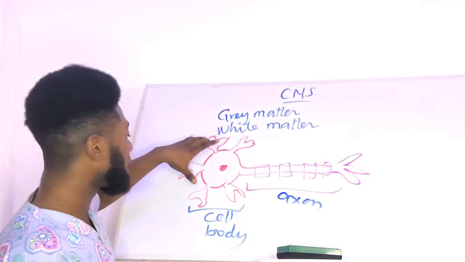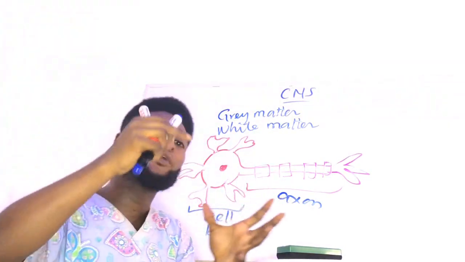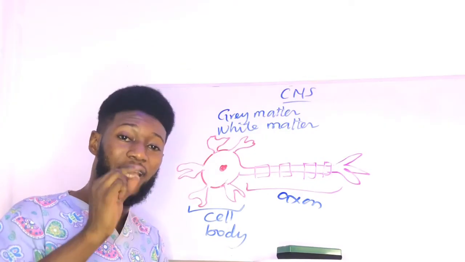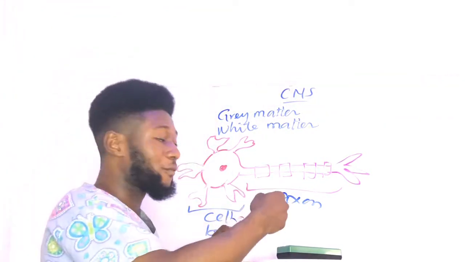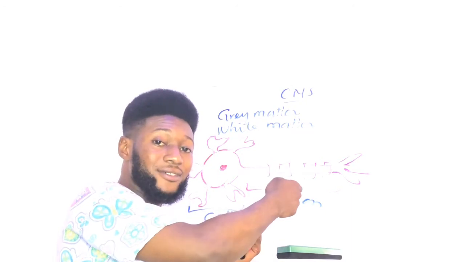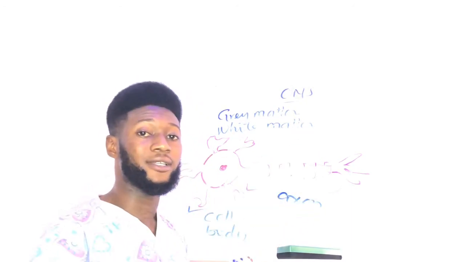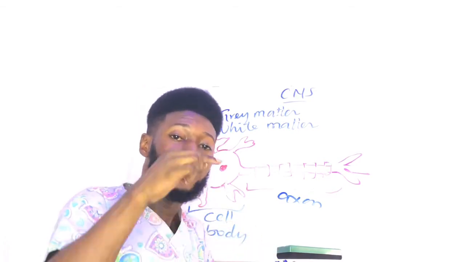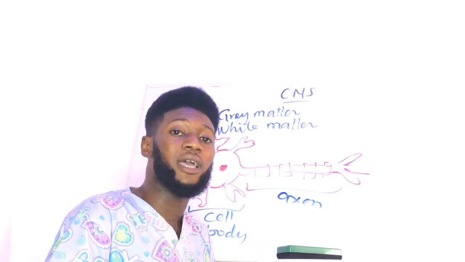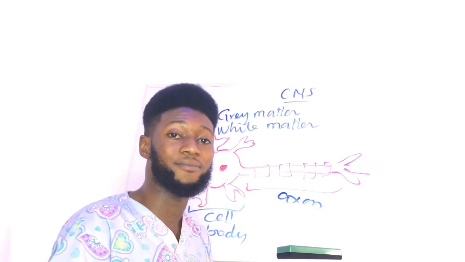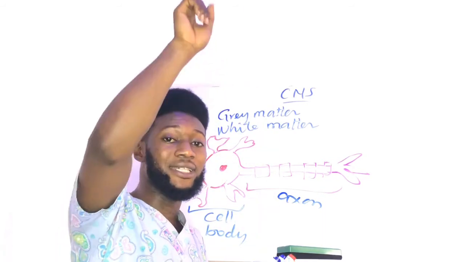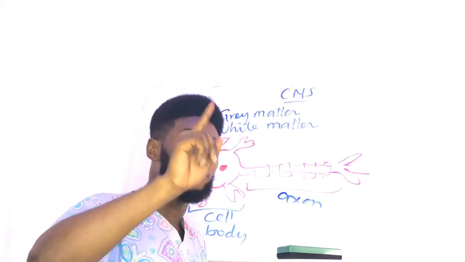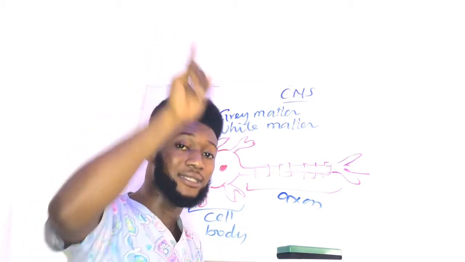Gray matter is a collection of cell bodies. Then a collection of the axons outside the central nervous system are nerves. A collection of the axons inside the central nervous system are referred to as what? As tracts. So we have ascending tracts and descending tracts: tracts that send information upwards and tracts that send information downwards.